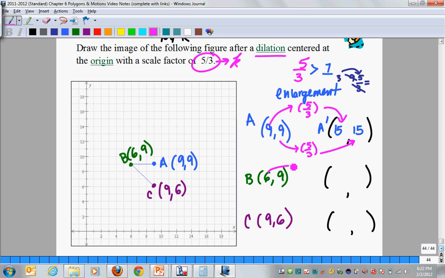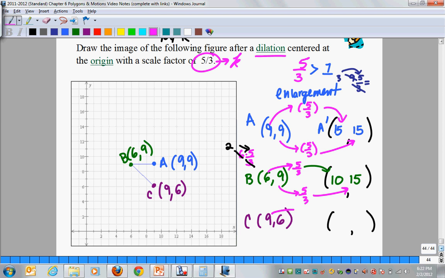We're going to go 6 times 5/3. 3 goes into 6 twice. 2 times 5. And that gives us 10. And then 9 times 5/3. We already did that earlier. 9 times 5/3 gives us 15.